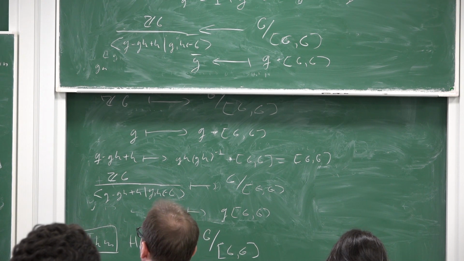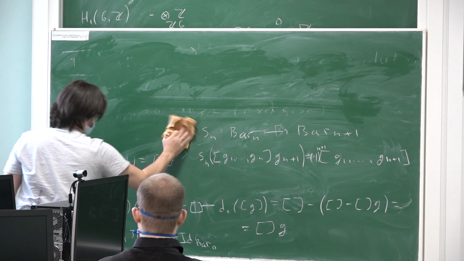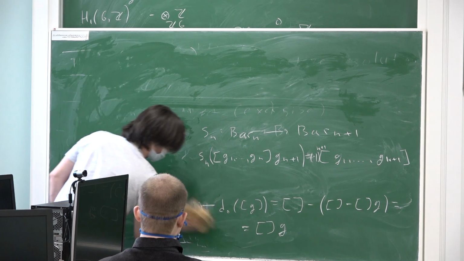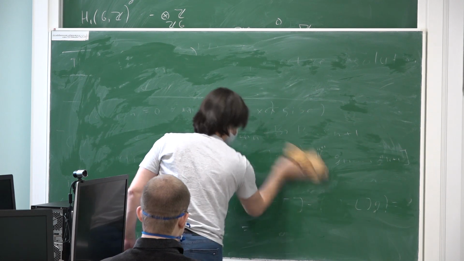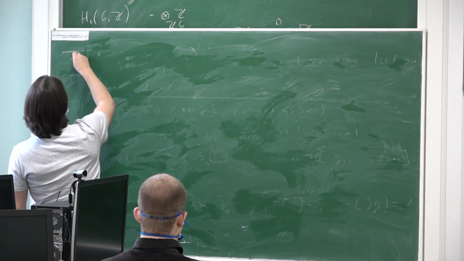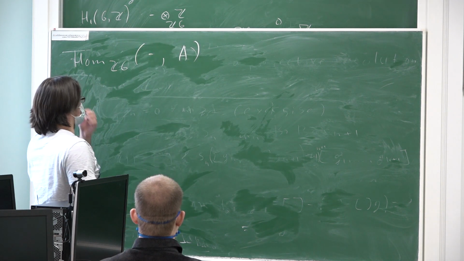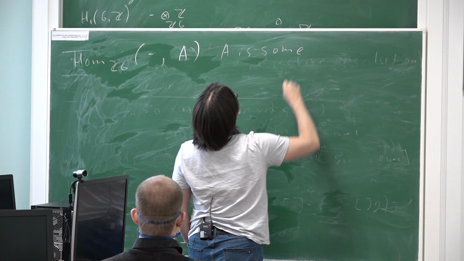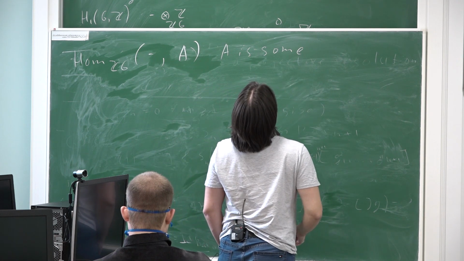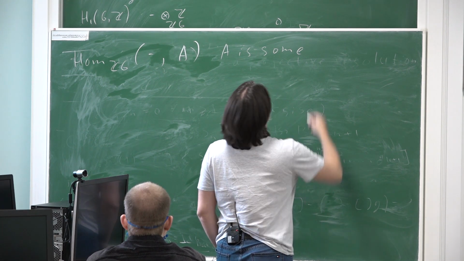Now let us take the resolution, the beginning of the bar resolution, and apply the functor Hom over ZG to it, with A some ZG module.